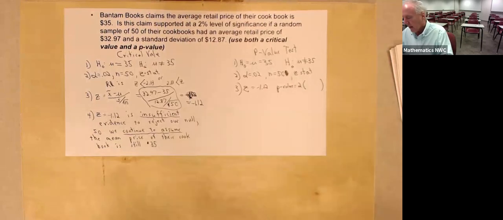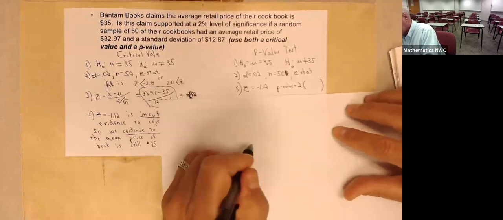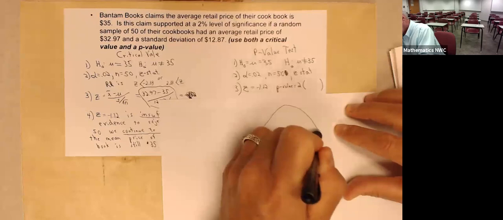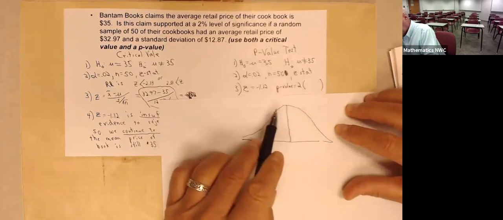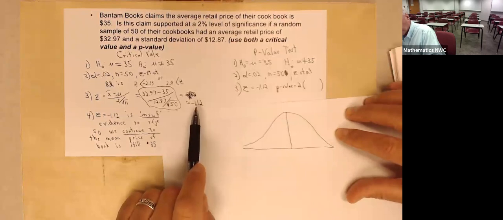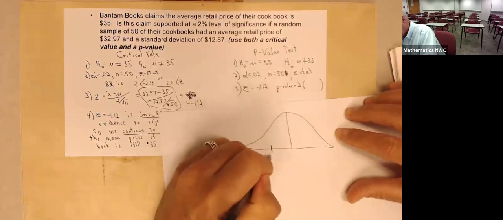What do I mean by that? Well, in this case, if you recall, we got a negative 1.12. That's a z-score right over here.